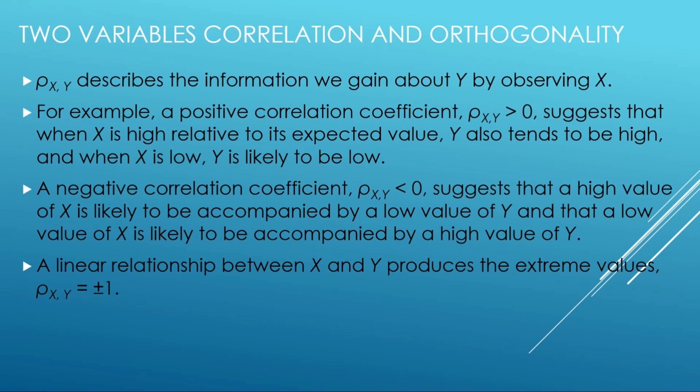So we can say that a positive correlation coefficient indicates direct proportionality between X and Y random variables, and a negative correlation coefficient indicates inverse proportionality between X and Y random variables.